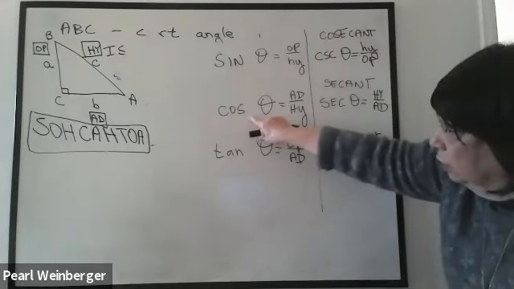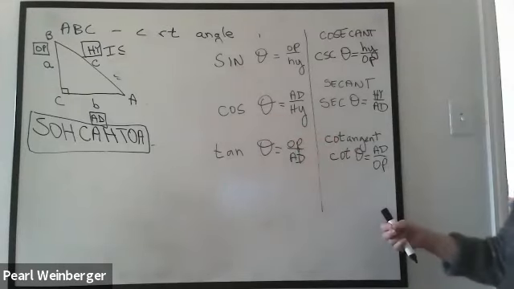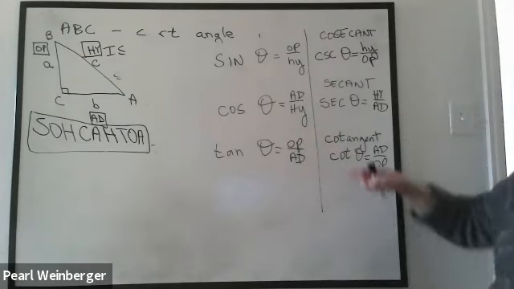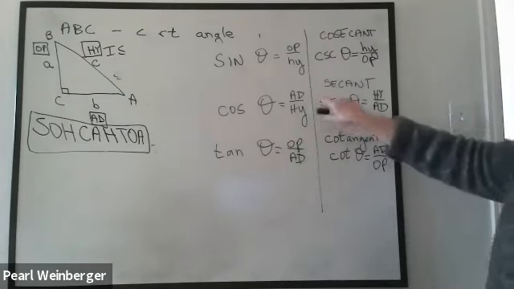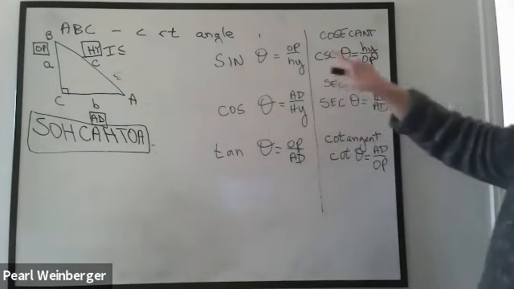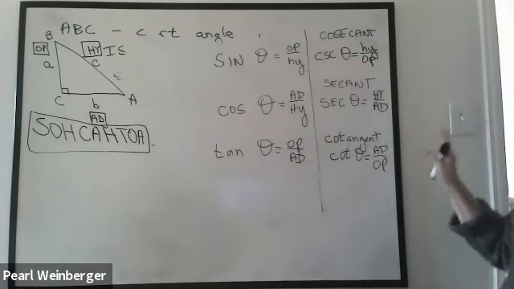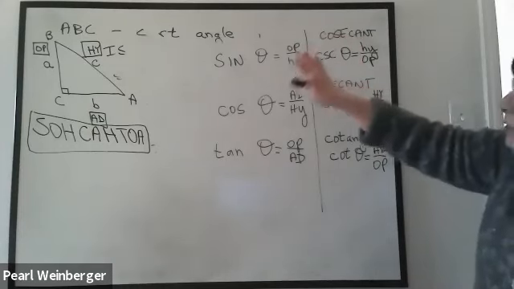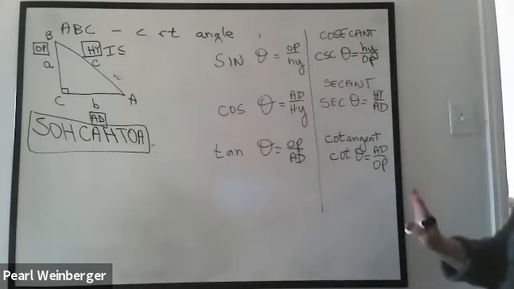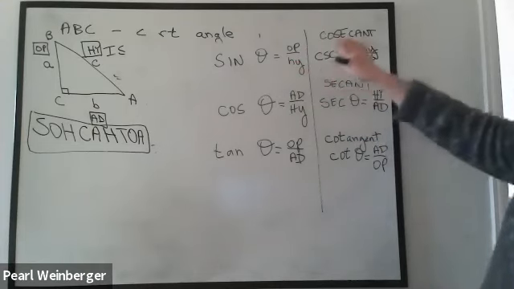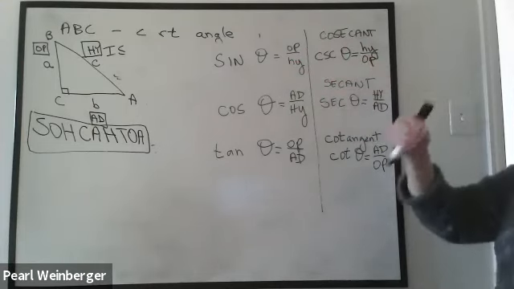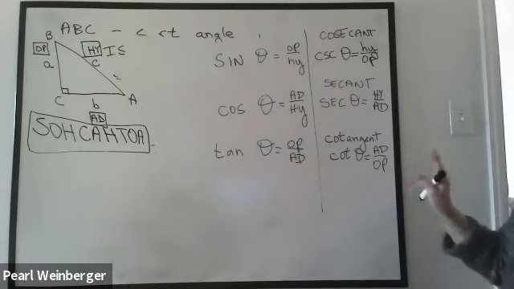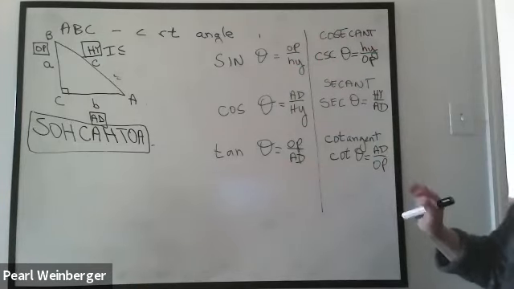The cosine starts with a C, so its match has to start with the S. That's why C goes with S, C goes with S. Remember it that way. Or co with not co, something of that nature. This is sine, this is cosecant. One has a co, one doesn't. That'll be how you remember it.